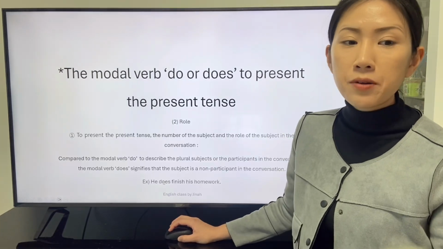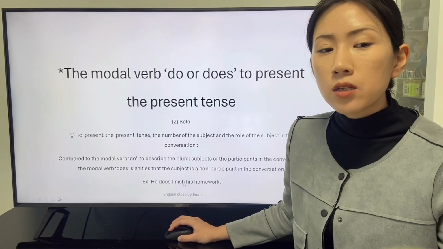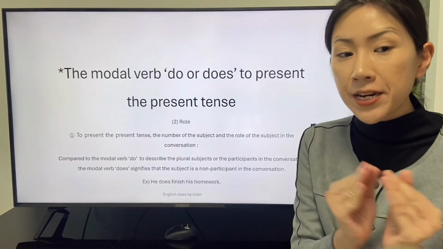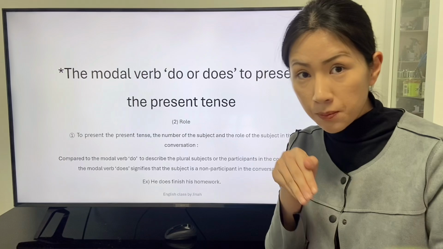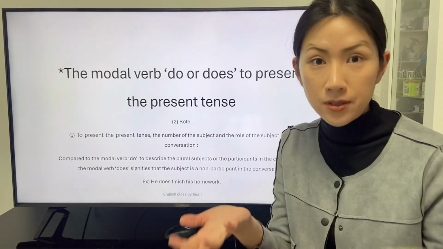There is an exemplary clause. He does finish his homework. The speaker emphasizes that the definition of the transitive verb finish happens at the present when the conversation with the speaker happens.